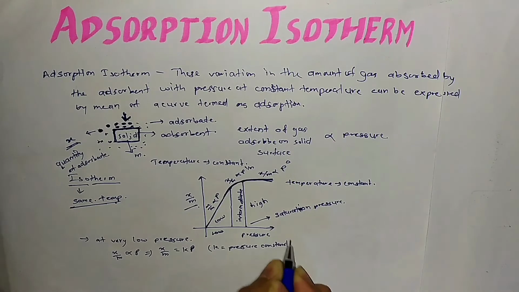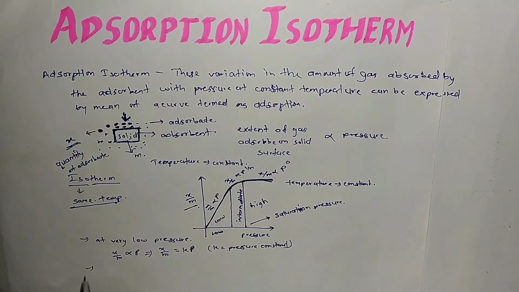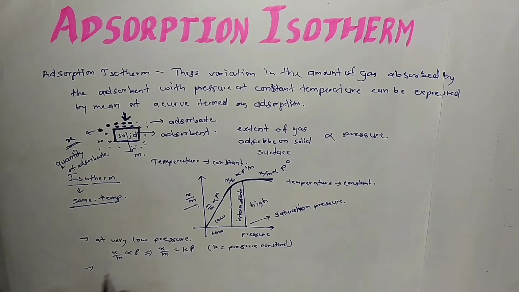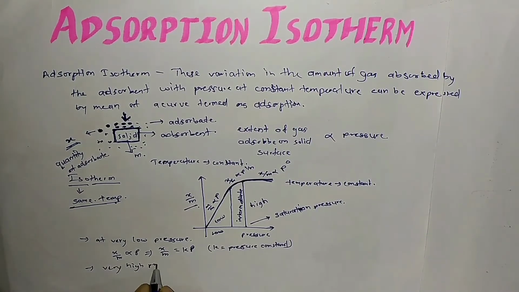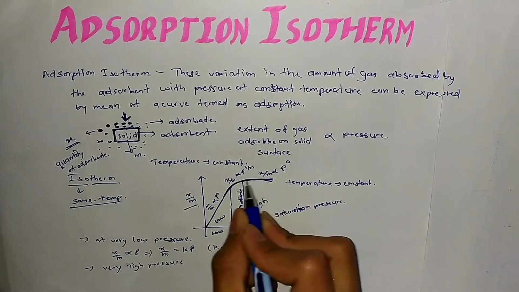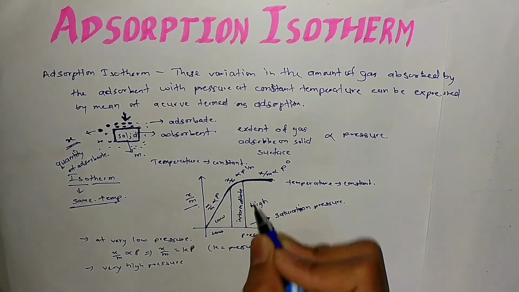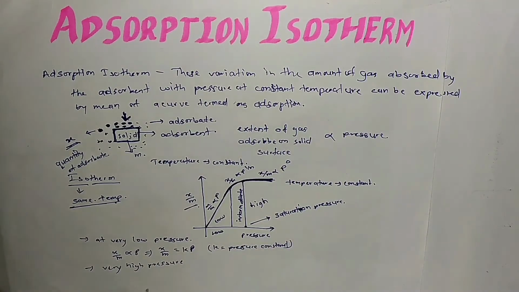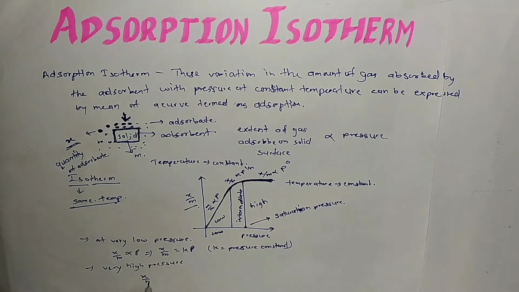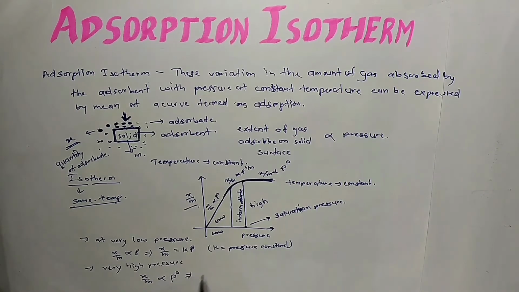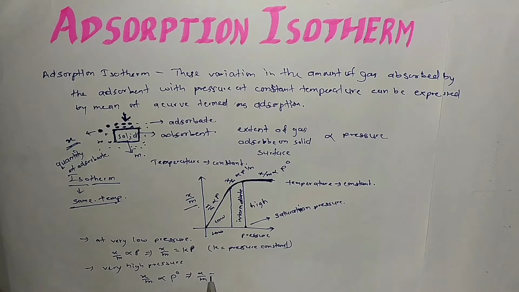At very high pressure, we are talking about this part, x by m is directly proportional to p to the power 0, so x by m is equal to k.